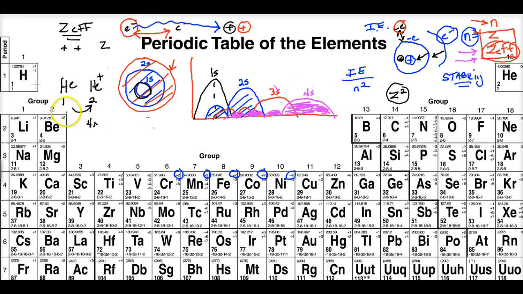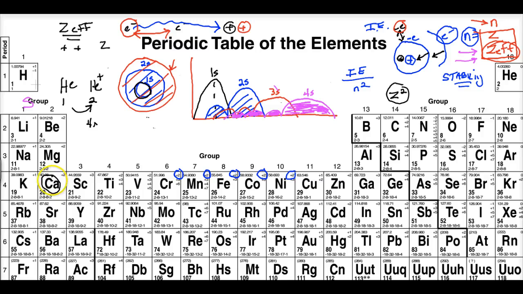Now, interesting enough, you guys have learned that this is the s block. You've learned this is 1s2, 2s1. Sodium is 1s2, 2s2, 2p6, 3s1. These are all s block. Now you notice that calcium is 1s2, 2s2, 2p6, 3s2, 3p6, 4s2.